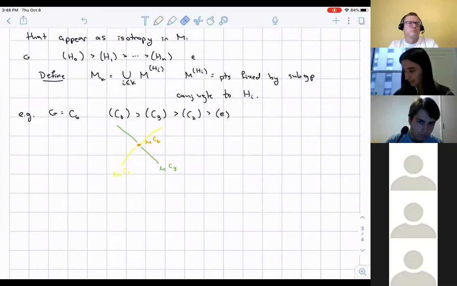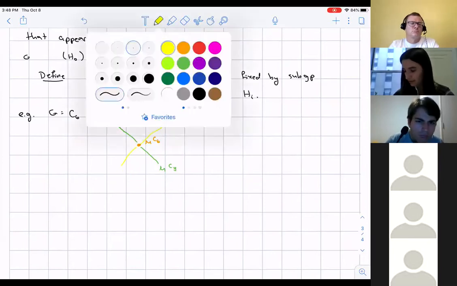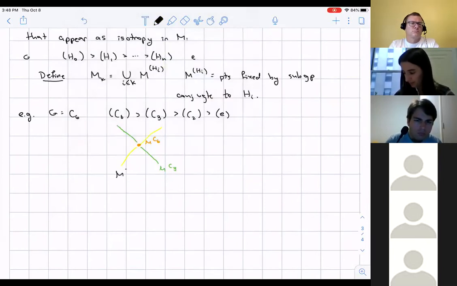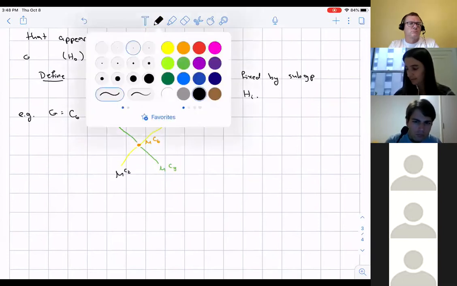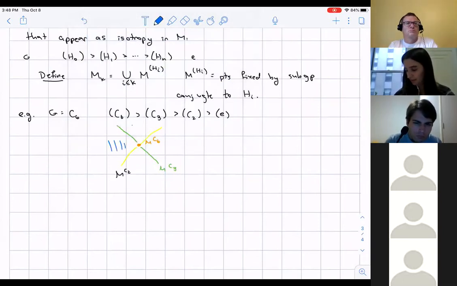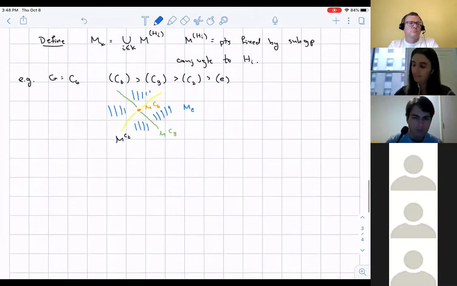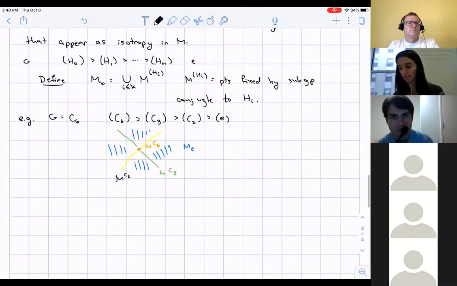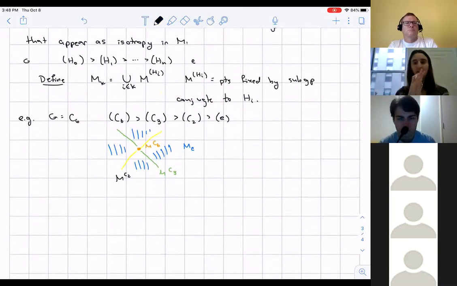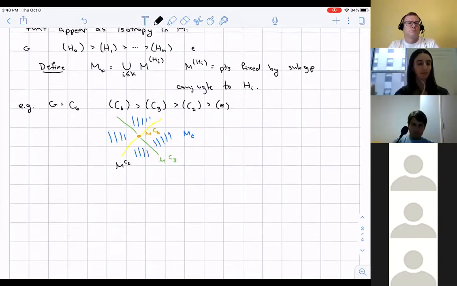All right, let me write this in a different color because the yellow isn't showing up well. And then you're adding in the rest. So then the blue is the free stuff. So this is M^E. So this is building up the manifold inductively, and that's what we'll want to induct on to remove the fixed points at every stage.